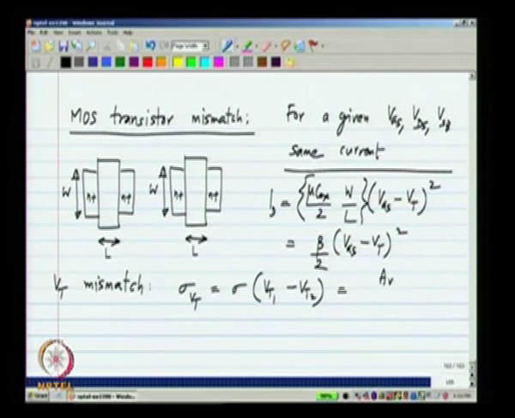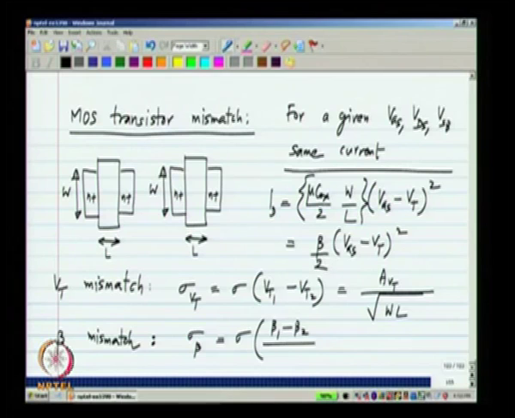And this is given by some constant that depends on the process divided by the square root of the area of the MOS transistor, exactly the same way that resistor and capacitor mismatch depended on the area. And beta mismatch or the current factor mismatch, this is really the sigma of beta 1 minus beta 2, that is the difference in betas of a nominally identical pair of transistors divided by the nominal value beta naught, and this is given by A beta by square root of WL.